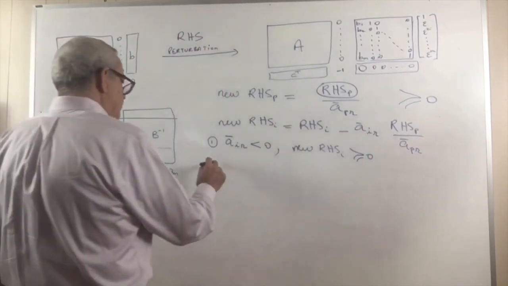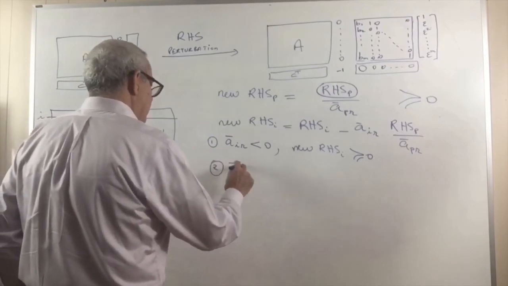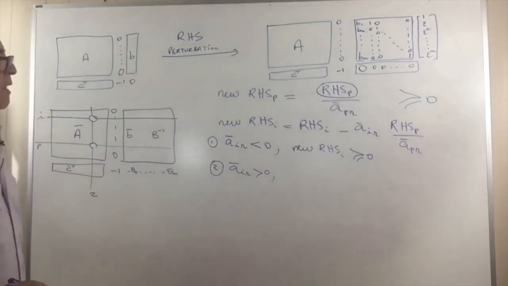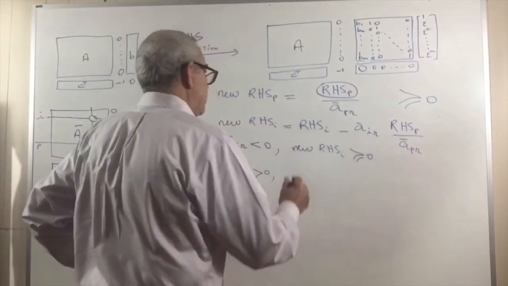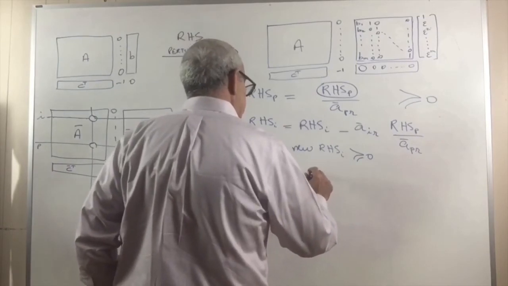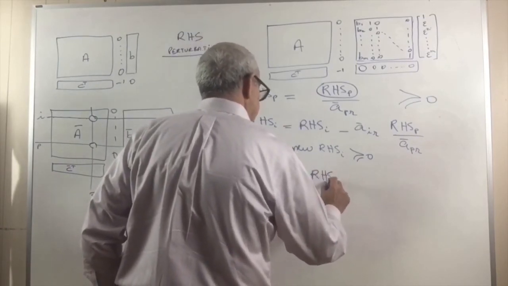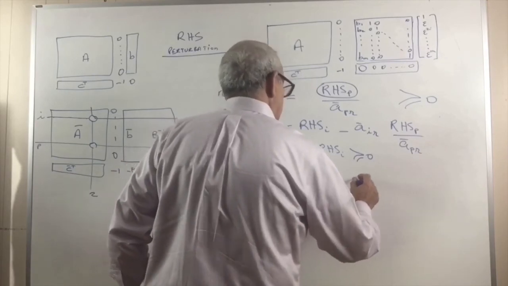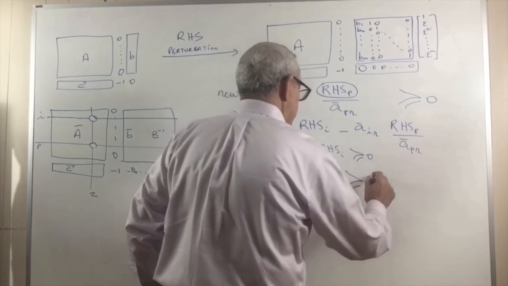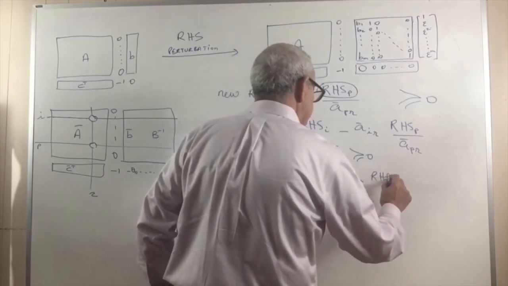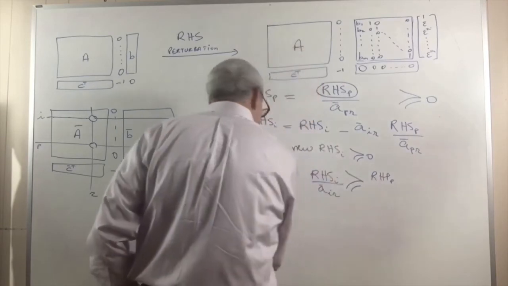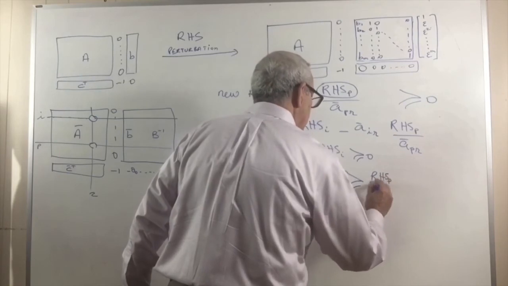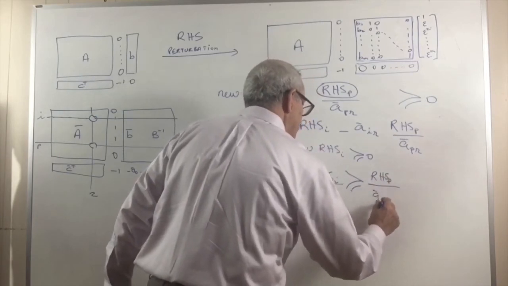But if A bar of IR is positive, then I'm going to rearrange this and write it a different way. I'm going to write the right-hand side of I divided by A bar of IR is lexicographically greater or equal to the right-hand side of P divided by A bar of PR.